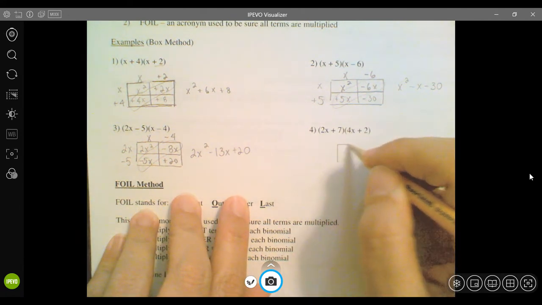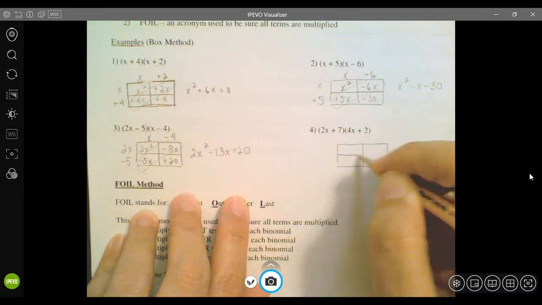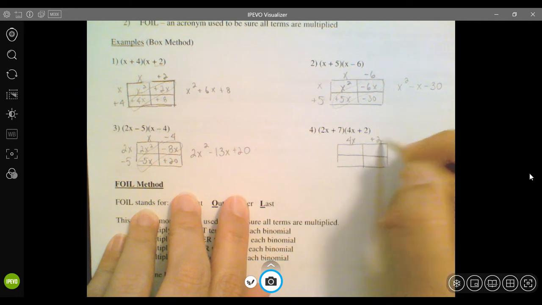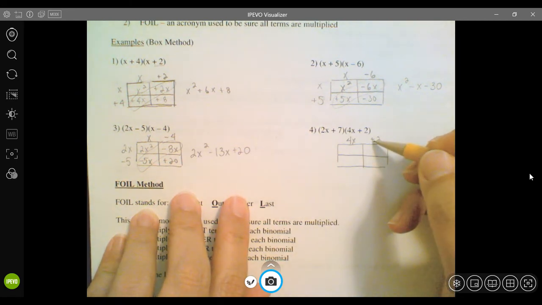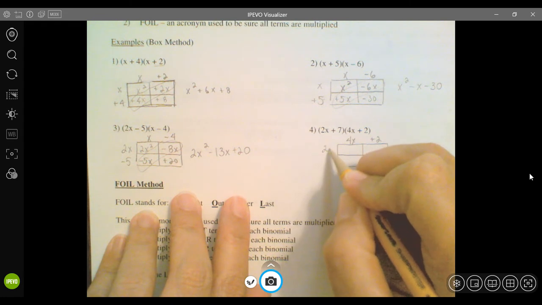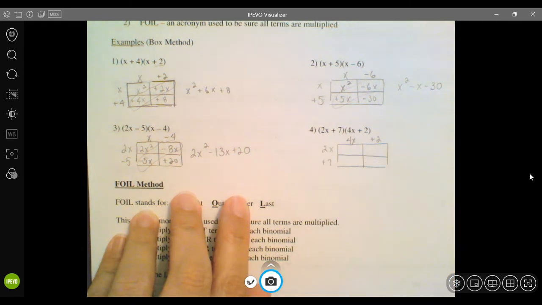And now let's look over here. Same thing. I have 4x plus 2. And I know it sounds crazy, but take that sign along with it. That way it never gets forgotten. And in the row headers, I've got 2x plus 7.